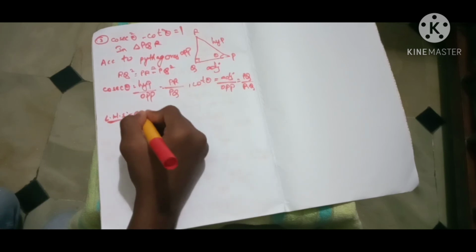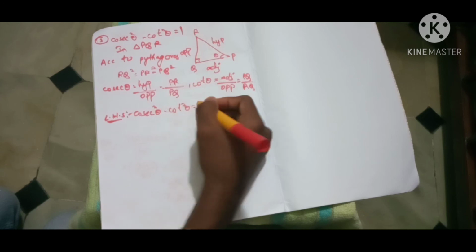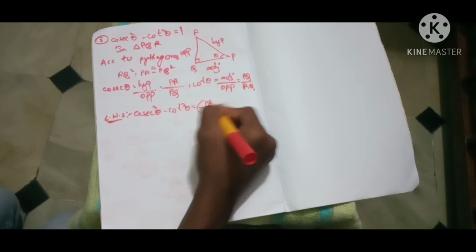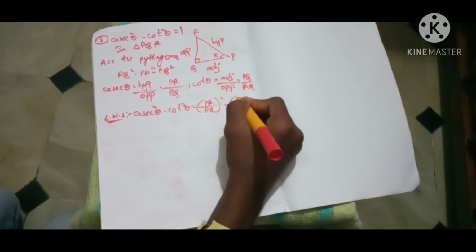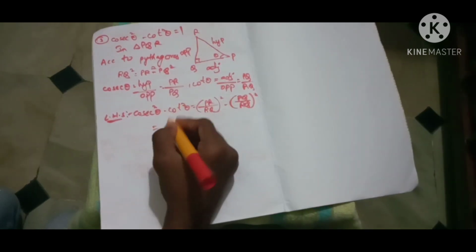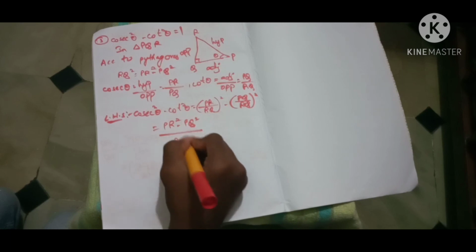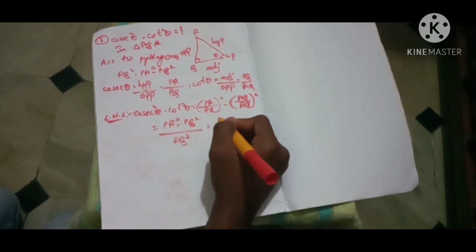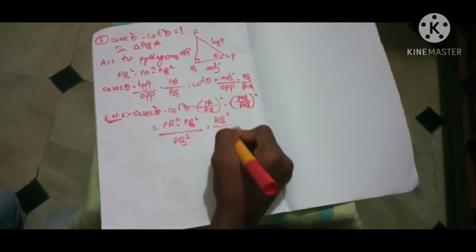By the left hand side, cosec square theta minus cot square theta is equal to PR by RQ whole square minus PQ by RQ whole square, which is equal to PR square minus PQ square by RQ square, which is equal to RQ square by RQ square.